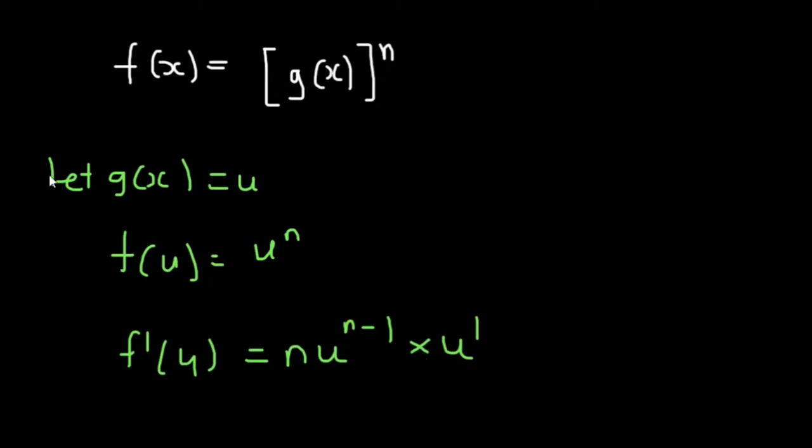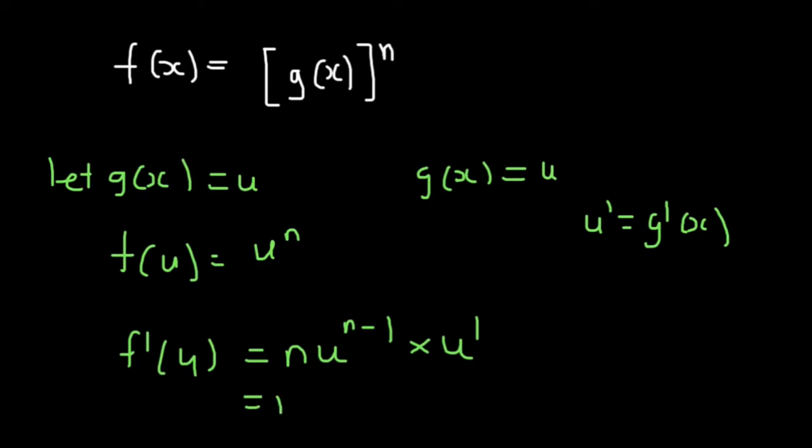Now you know that since g of x equals u, then the first derivative of u, which is u prime, will be equal to g prime of x. With this knowledge, let's put in the value of u here.